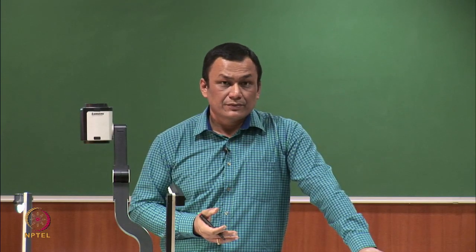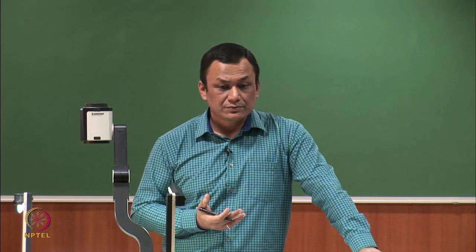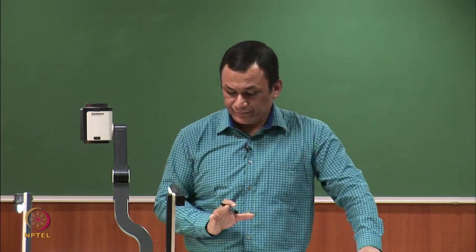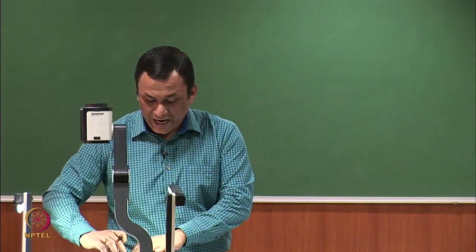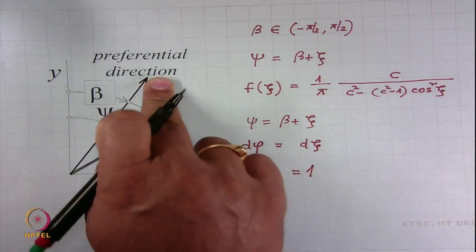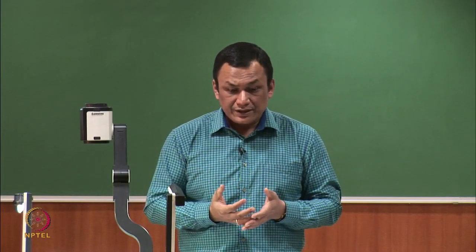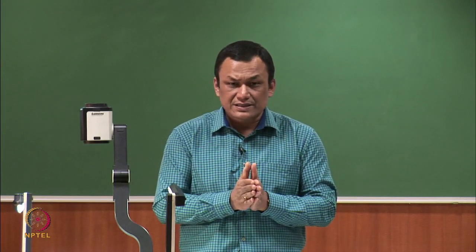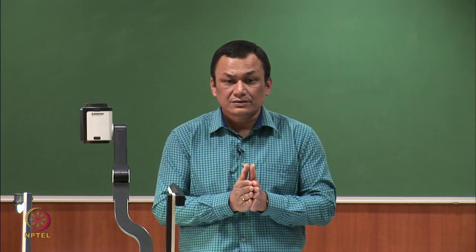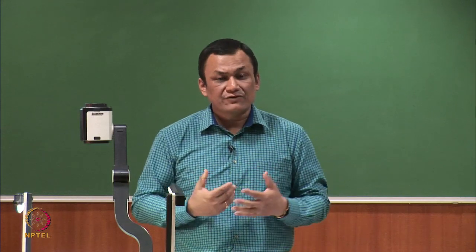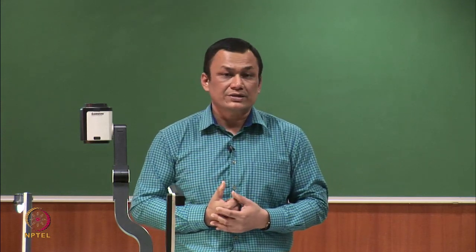What actually happens during measurement or during processing of fibers? We have no idea about this direction, whether during processing, suppose in carding, the preferential direction is little shifted from the y axis. Standing in front of the machine, we will have no idea about it.